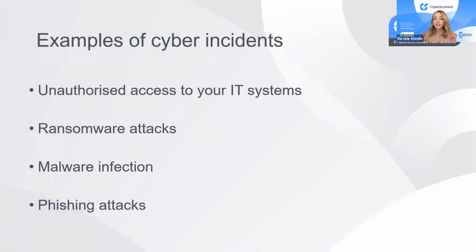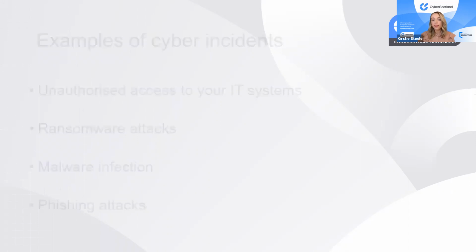So in Scotland, we've seen a growing number of businesses being impacted by cyber incidents. This could be unauthorized access to your organization's IT system, or cyber criminals launching attacks, infecting your systems with viruses, holding your data to ransom, or trying to trick your staff into clicking on links in suspicious emails.